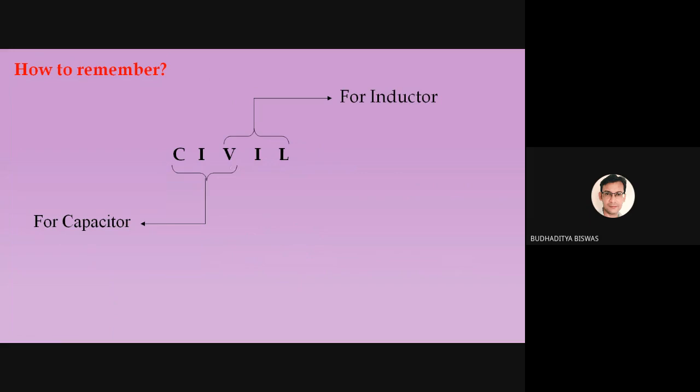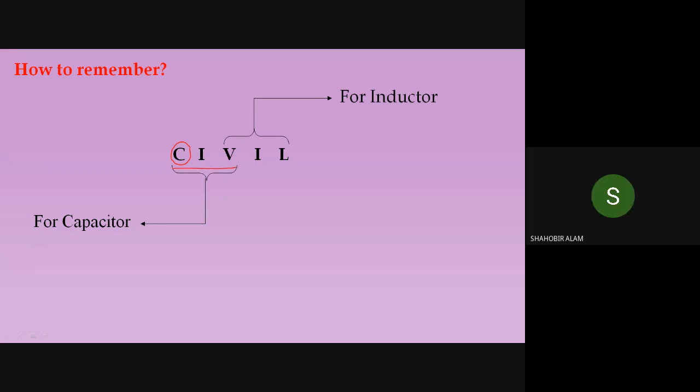If you remember this term, first take the first three letters of CIVIL, CIV. This C is for pure capacitance, and I and V are for the current through the capacitance and the voltage across it. Which one is placed first in CIV, I or V?